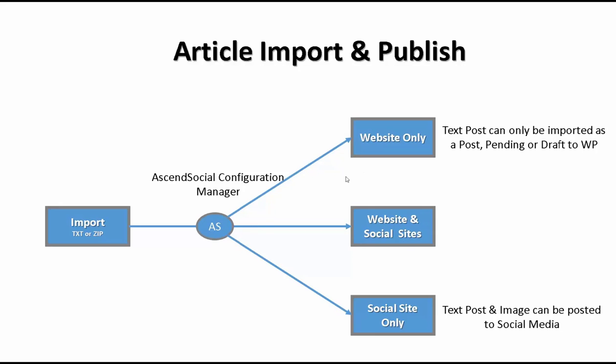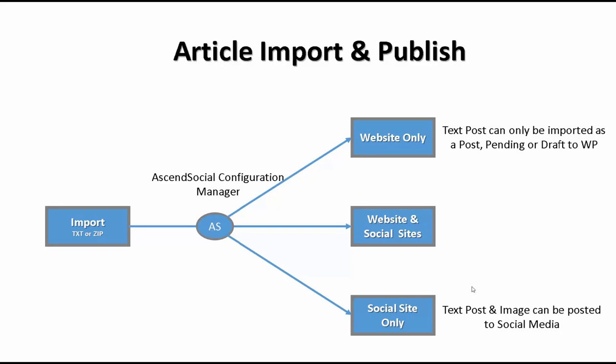Now, keep this in mind. When you're posting to a WordPress site, you're only going to be able to import text posts, no images. And you're also going to be able to post to a post, pending, or draft. Those are the capabilities you're going to have associated with WordPress.